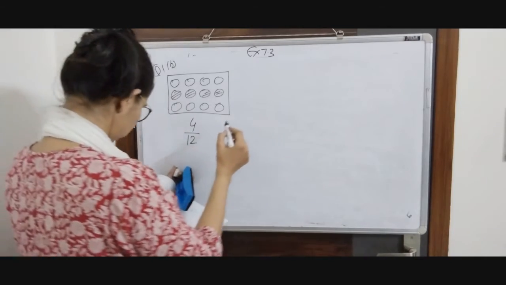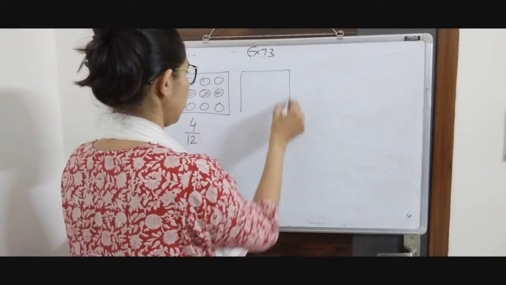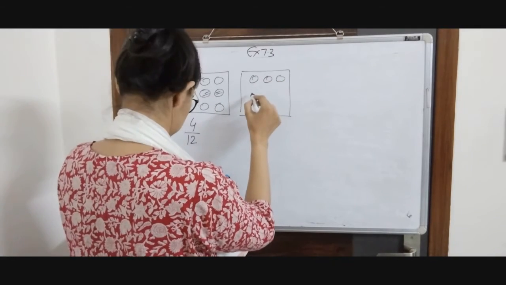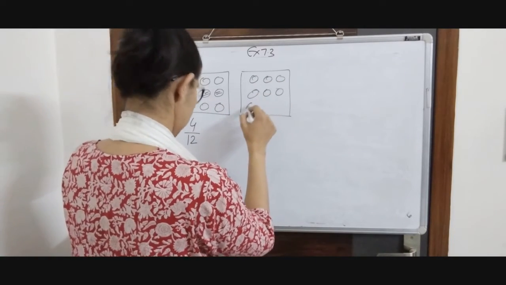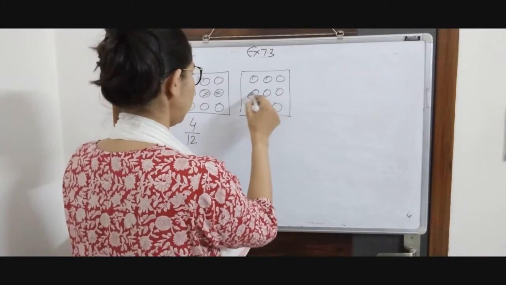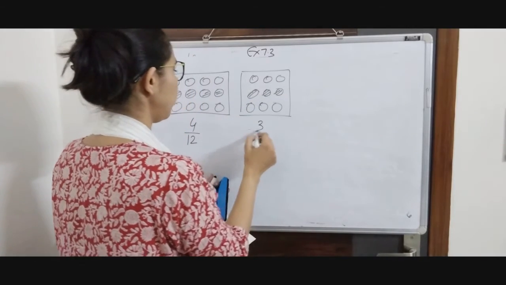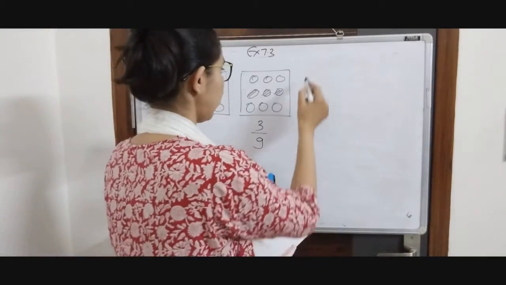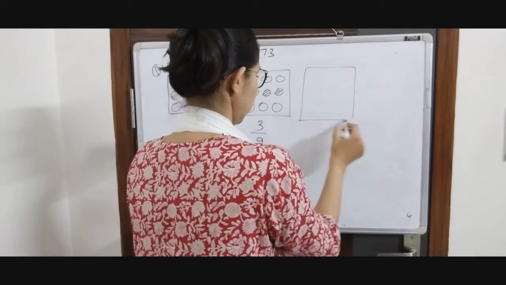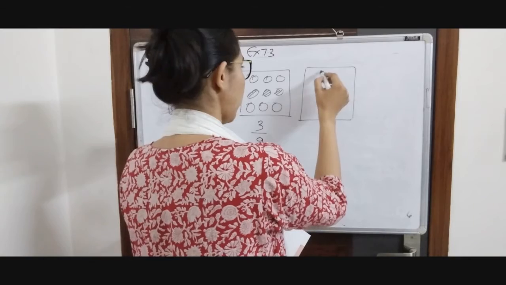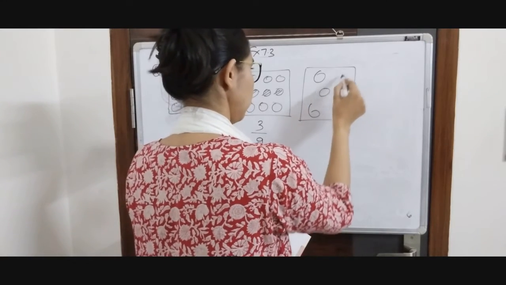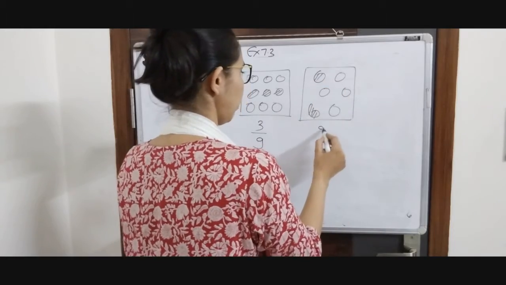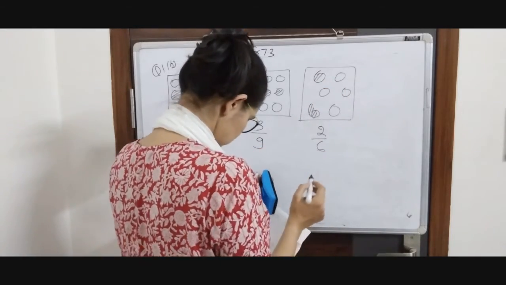Next is our figure with 1, 2, 3 and 1, 2, 3. These three are shaded, so this is going to be 3 by 9. Next is our figure with 1, 2, 3, 4, 5, 6 and 2 are shaded. Okay, this is going to be 2 by 6.